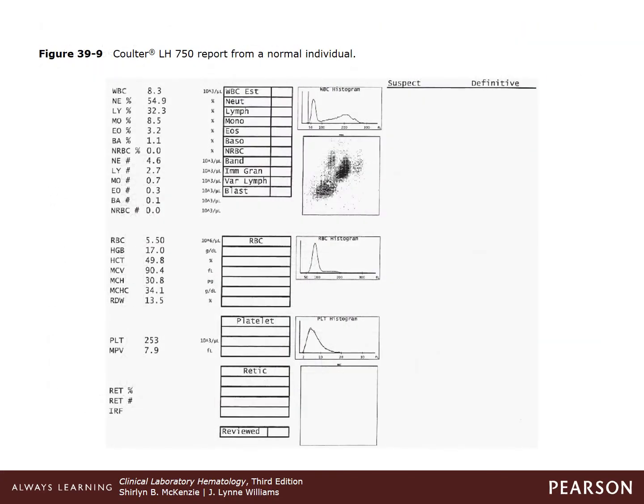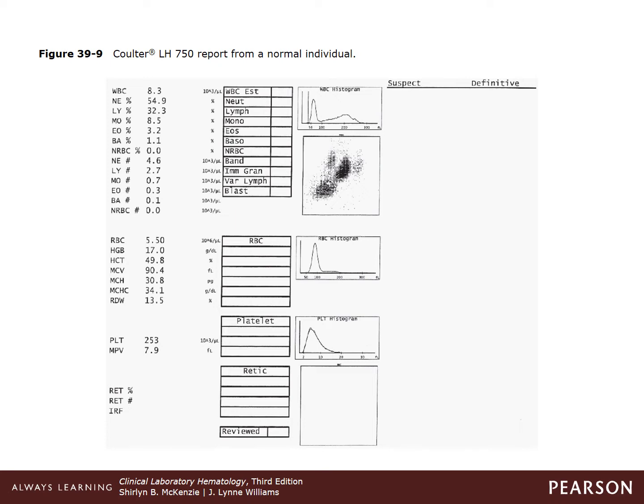Let's begin by dissecting the Coulter LH750 report. You can see it is classified into multiple categories based on the type of cell we're looking at. So in the beginning we have a total white blood cell count and its 5-part differential underneath. This percentage is equivalent to the relative value, or how you would count up to 100 in your differential.